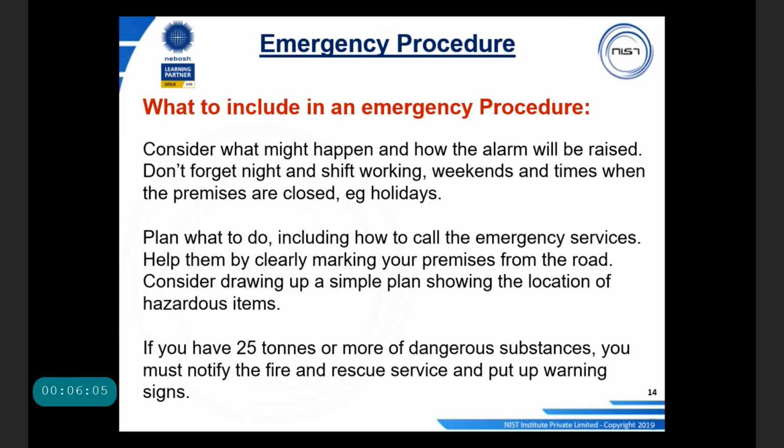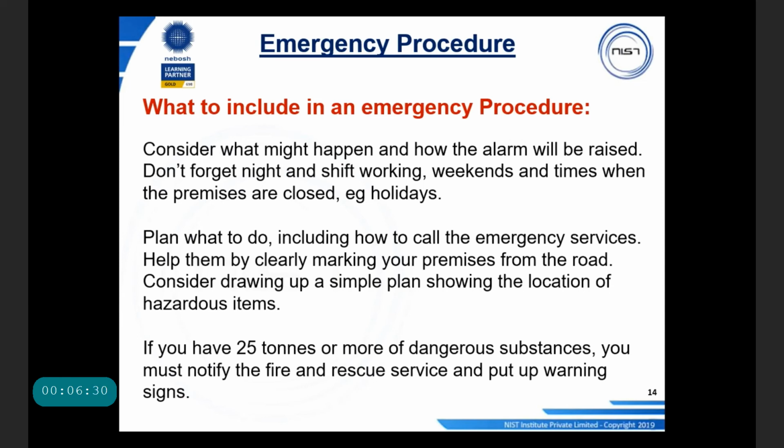There may be many equipment required. So you will need to purchase those equipments and ensure that they are available in required numbers. Next is a nomination of responsible staff, where you're going to identify what are those roles required.